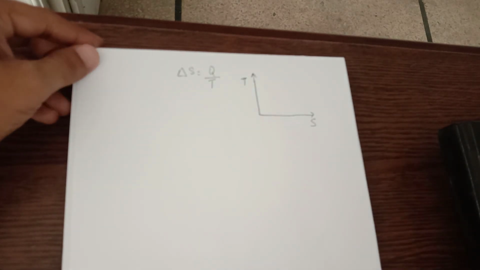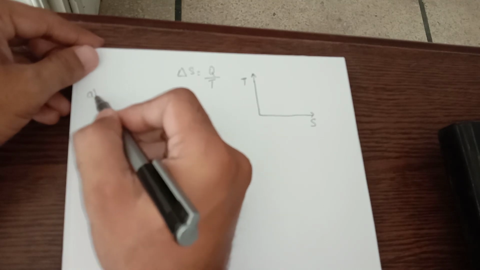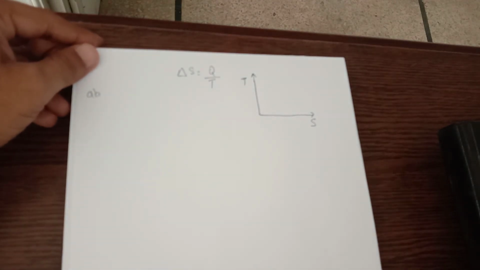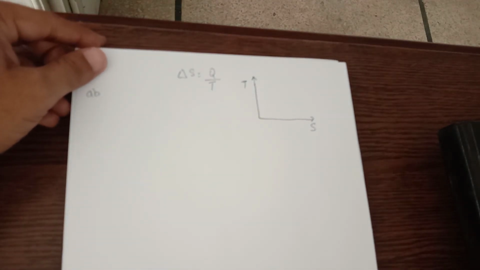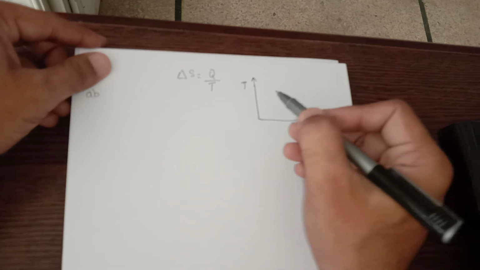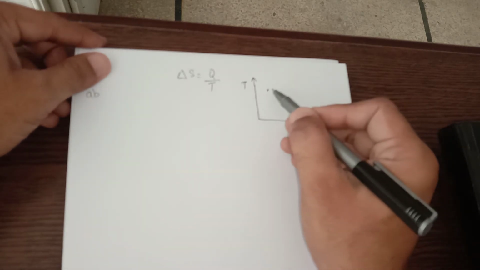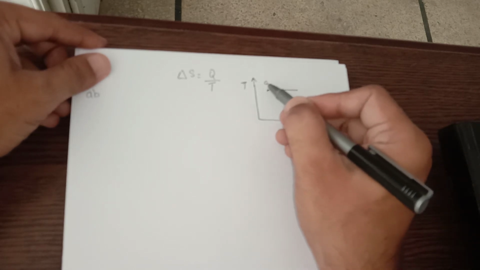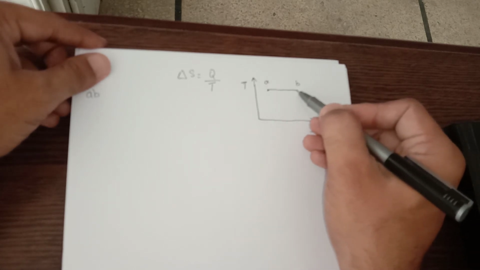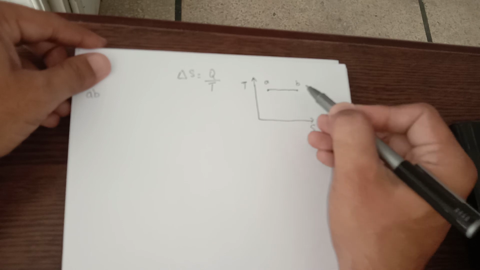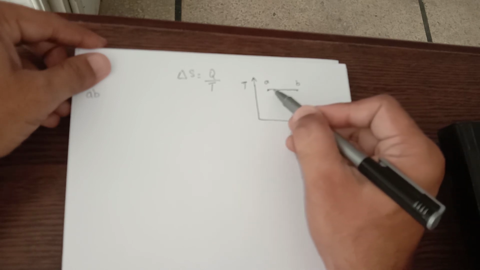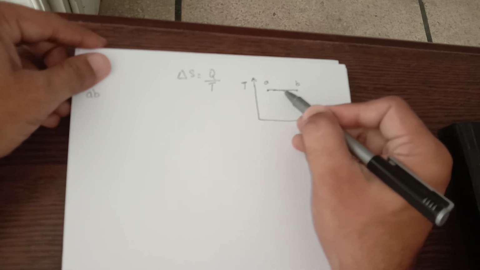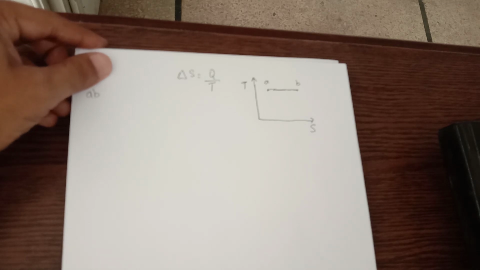As AB was an isothermal expansion, it means that between A and B, when an amount of heat QH is added to the working substance, the temperature remains constant. On a TS curve, I would represent this AB like this, because it represents a constant temperature, or isothermal, process.